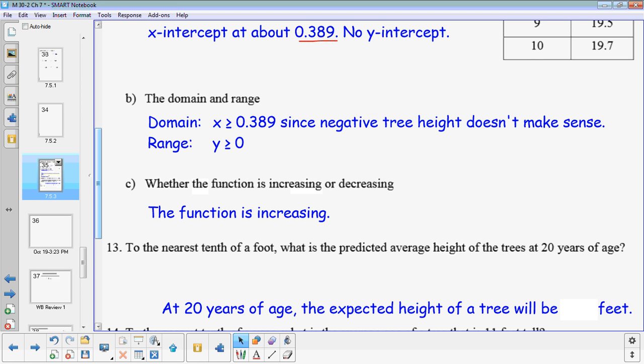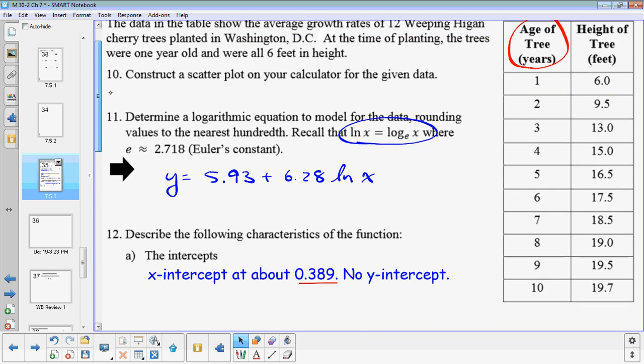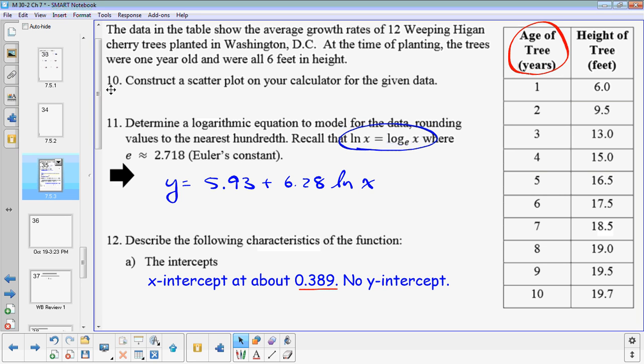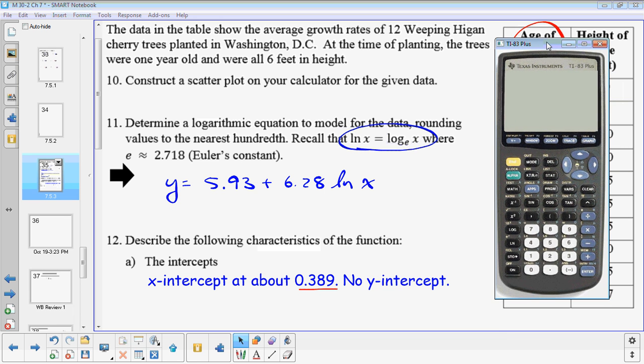And if a tree is 20 years old, how tall do we expect it to be given this model? So we know the age, which means we know an x value. So we can plug in that x value into our regression equation, or we can look at it on the graph. I just need to make sure my x max goes that far.